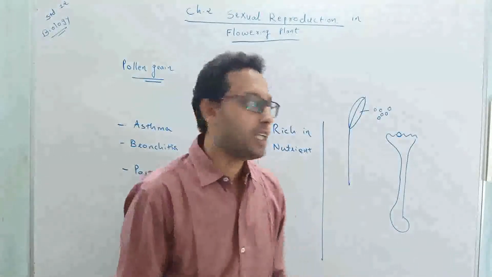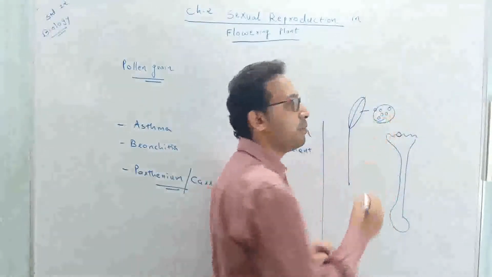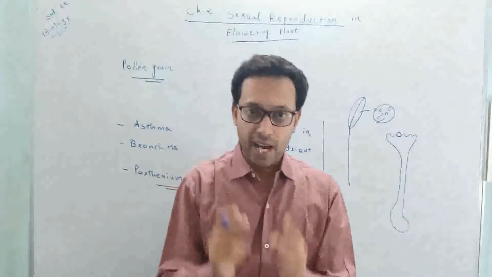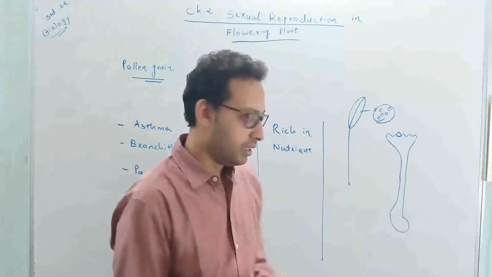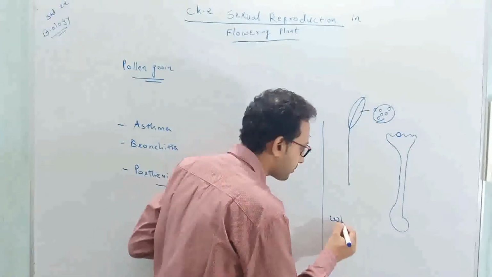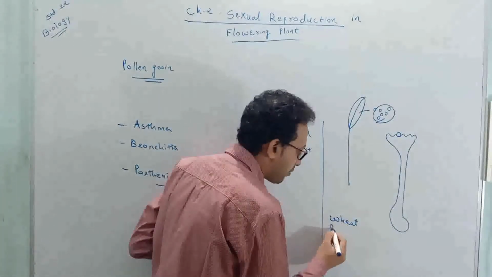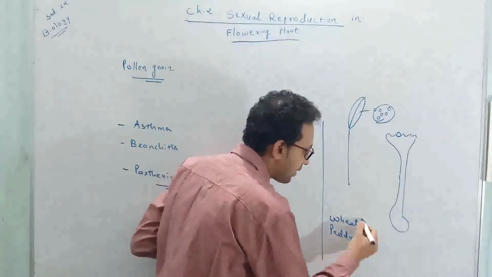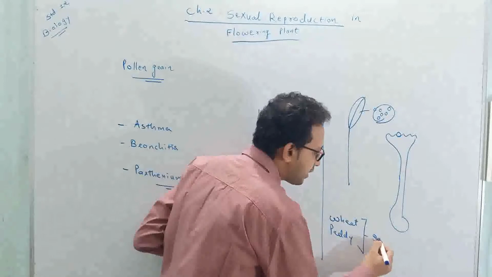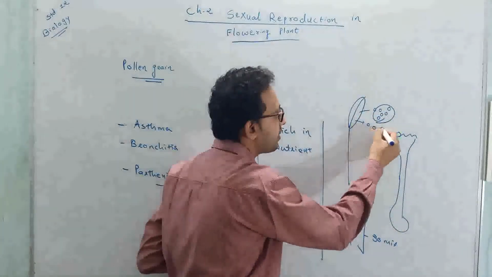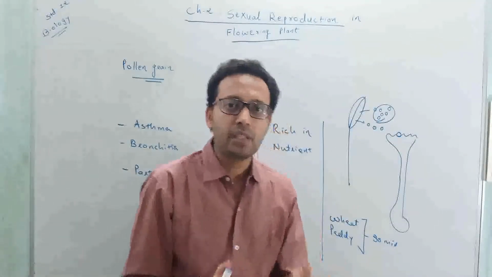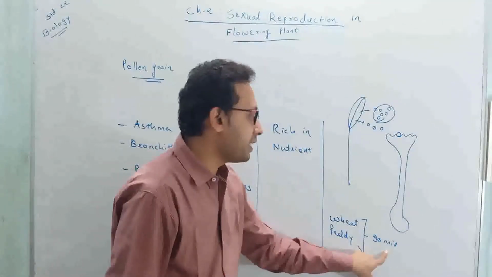So how much time is the pollen grain capable of living? The viability of a pollen grain varies from plant species to plant species. In case of wheat and a paddy plant, the viability of pollen grain is 30 minutes. Means after release of pollen grain from the anther, it remains viable, or keeps living, for 30 minutes.